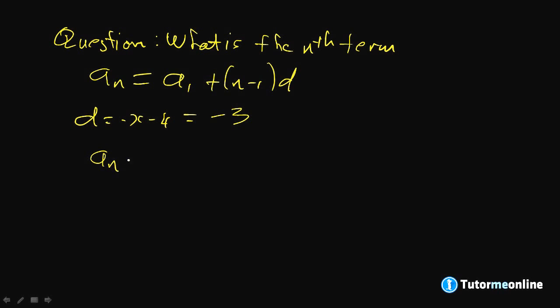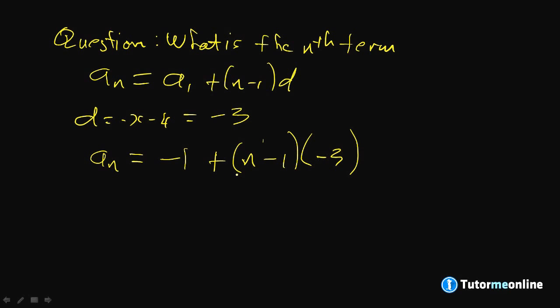So then we can say, okay, an is equal to minus 1 plus n minus 1 times d, where n is a variable, and we said that d is equal to minus 3.